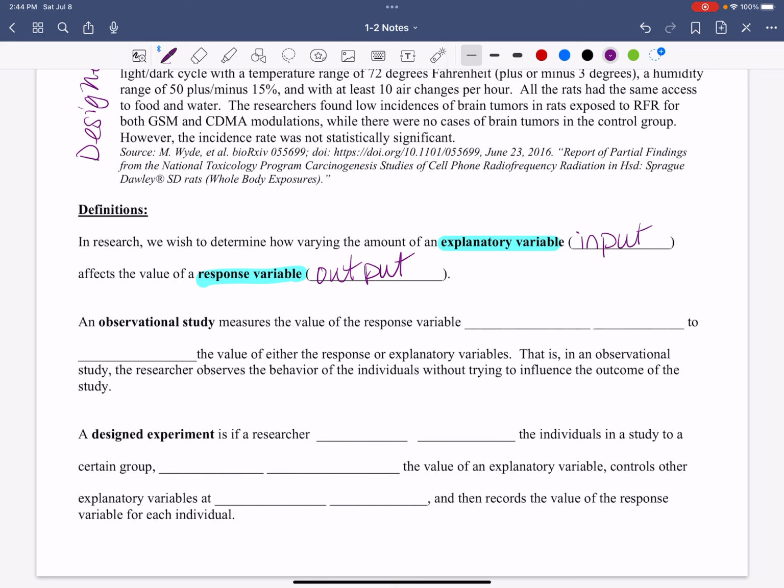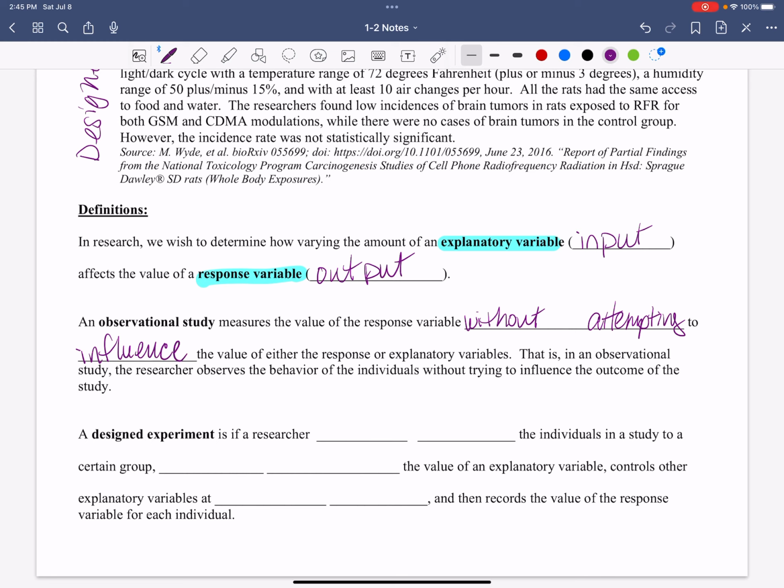Okay, so here are our 2 different types of studies. Let's get the definitions down. An observational study measures the value of the response variable without, and that is the key to this one, without attempting to influence the value of either the response or the explanatory.